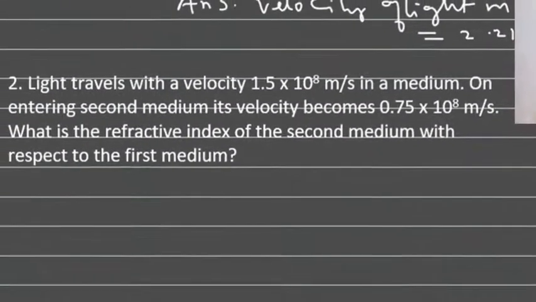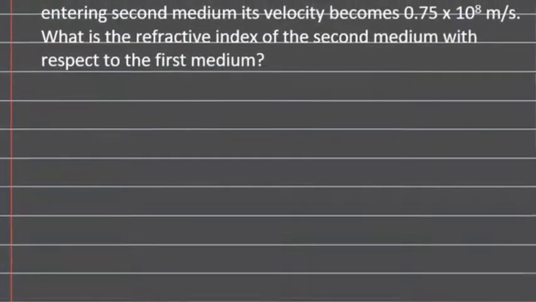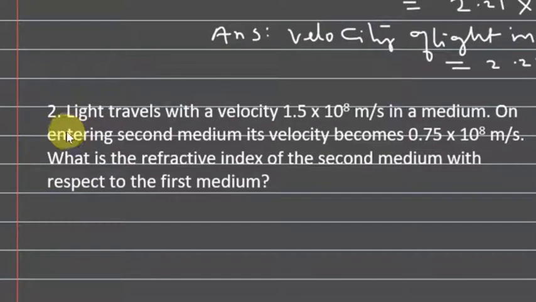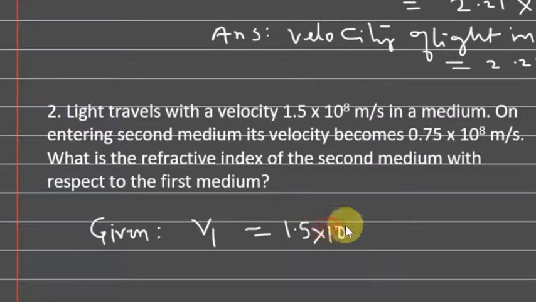Now the second solved example: light travels with a velocity of 1.5 into 10 raised to power 8 meter per second in a medium. So first of all, write down the data that is given. Velocity in first medium is 1.5 into 10 raised to power 8 meter per second.